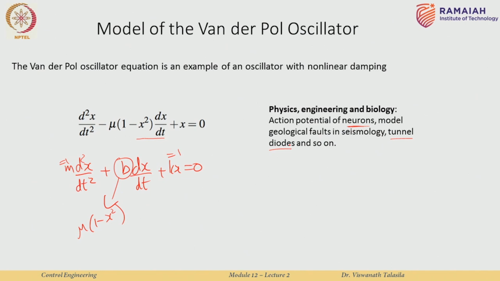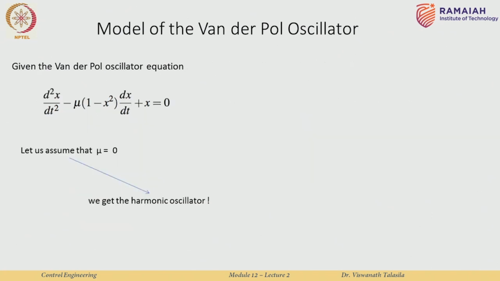Okay. So, now let us take this particular nonlinear differential equation. We see that this is where we get the nonlinear term. We will again repeat the same process and see what kind of behavior we can extract out of this one. Before we do that, let us simplify the problem one step before, and assume that this parameter mu is equal to 0.